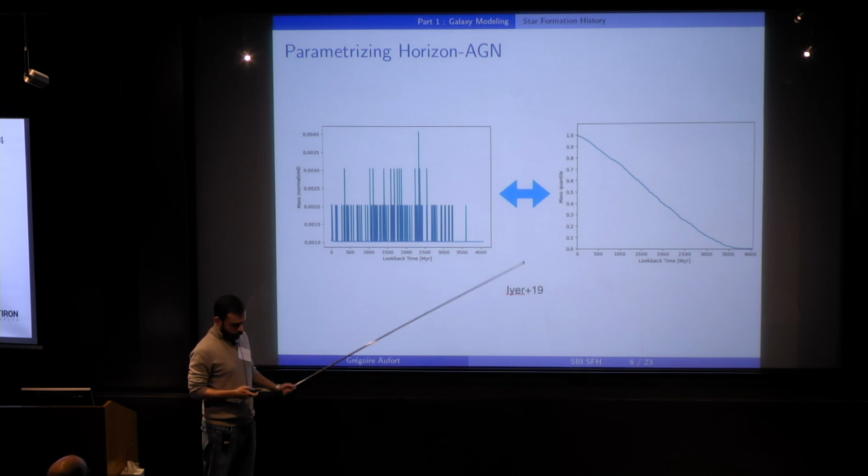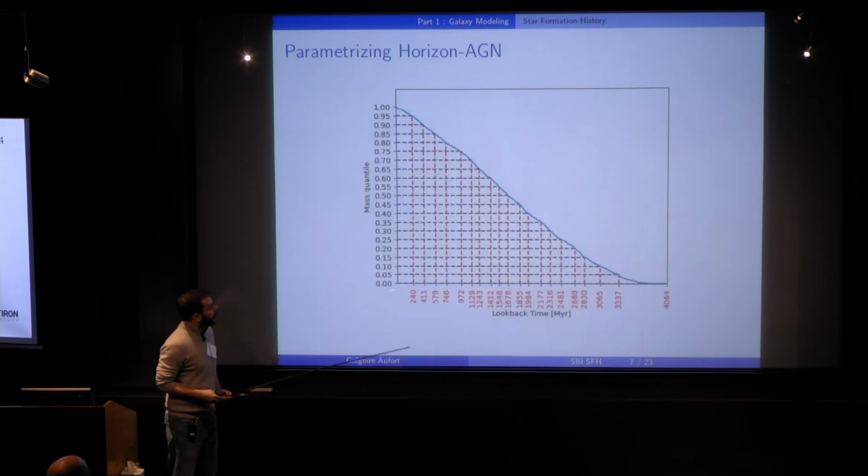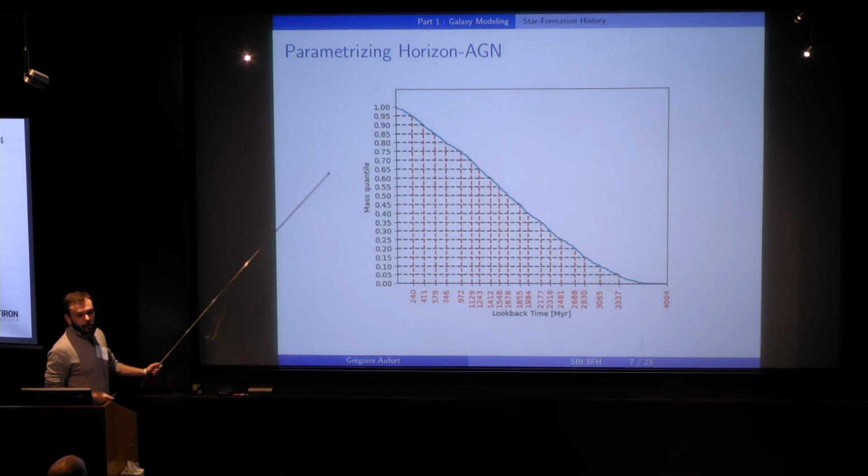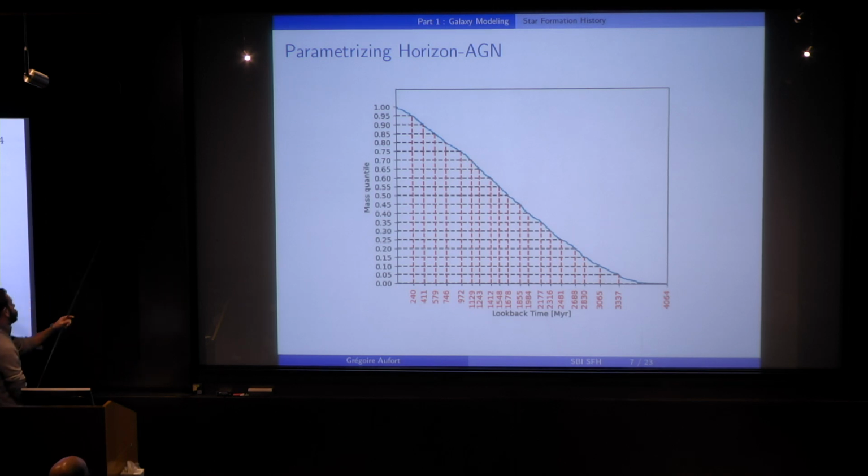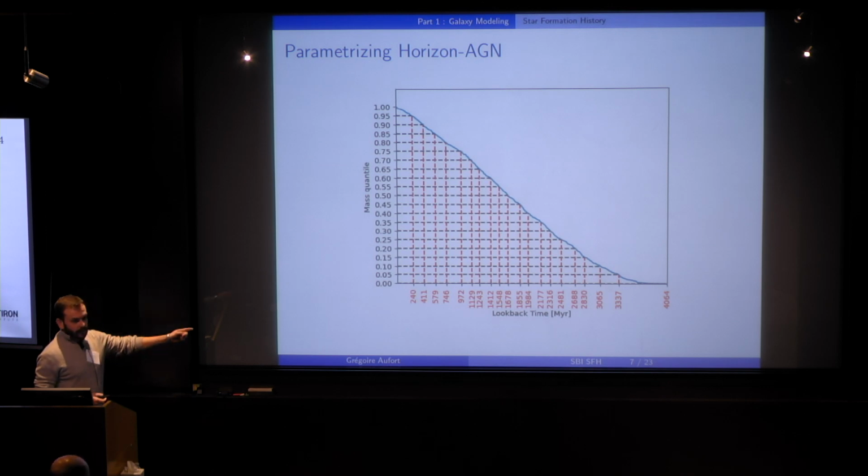But this one is way better behaved for this reason, in that I can fix the mass quantile I always look at. So I can say, OK, I will infer the times at which 5% of the mass has been formed, 10, etc. So now I only have one vector of quantities to estimate. And then when I have those, I will simply interpolate between them to reconstruct the entire cumulative distribution and invert the operation to recover the SFH. I can choose quite arbitrarily the number of time steps I'm estimating.